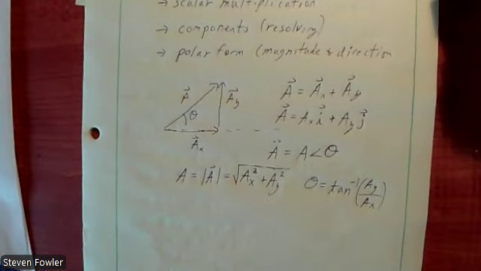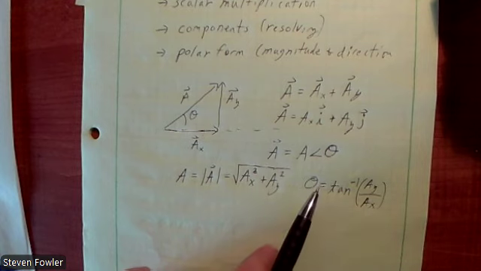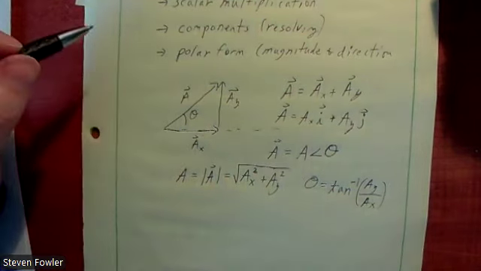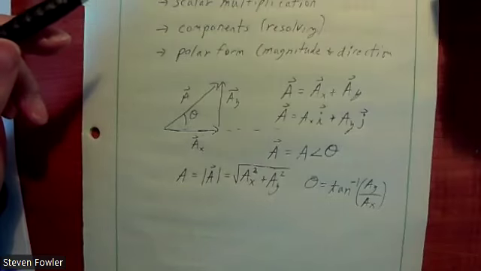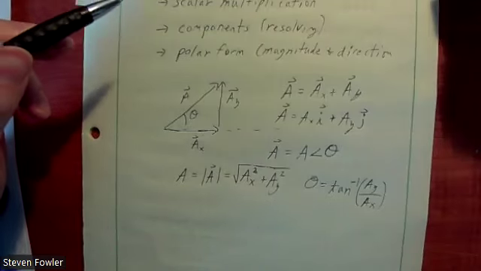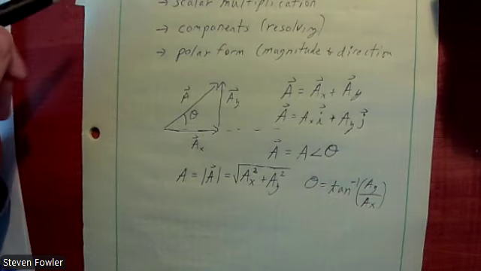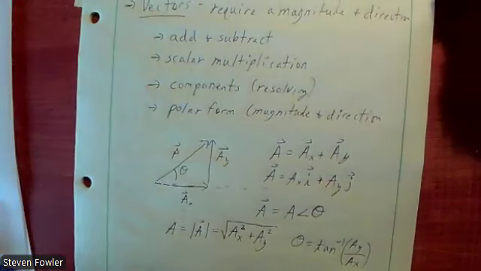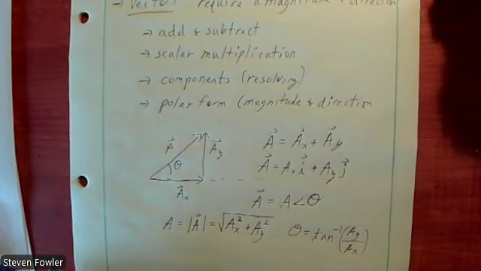I could also do the arc sine of Ay over A. I could do the arc cosine, or the inverse cosine, of Ax over A. And any trigonometric function to find this unknown angle is just fine. You have to knock the cobwebs off the trig just a little bit. But those are the main things to be aware of with vectors. And it's just simply being able to combine them a little bit, do some basic functions with them.